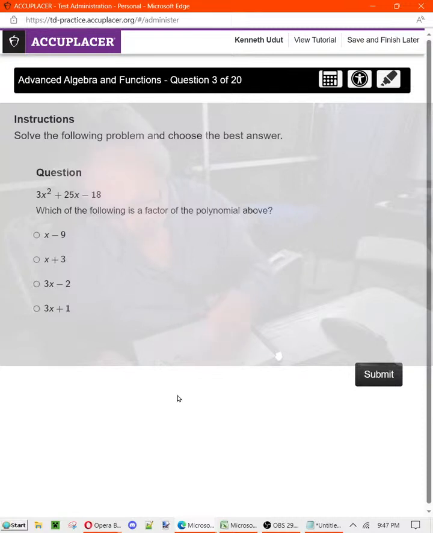Well, there is. Plus 25x is x to the first power, negative 18x to the 0 power. Is that right?